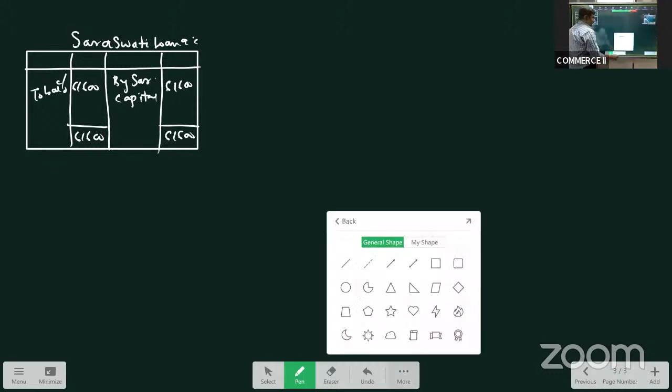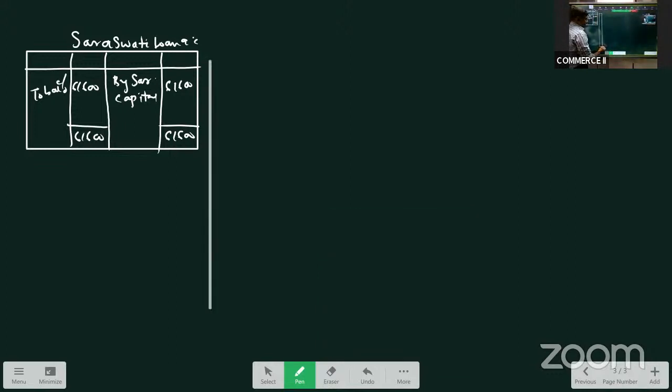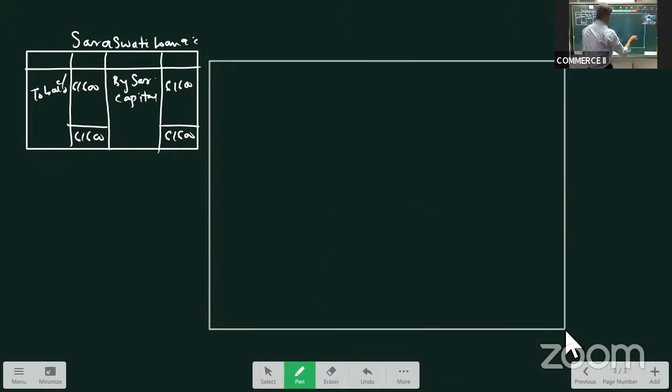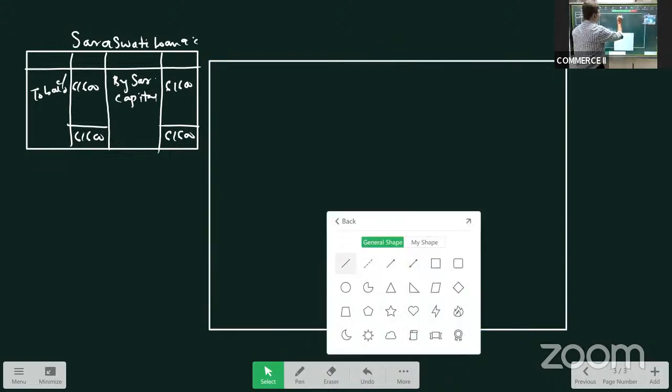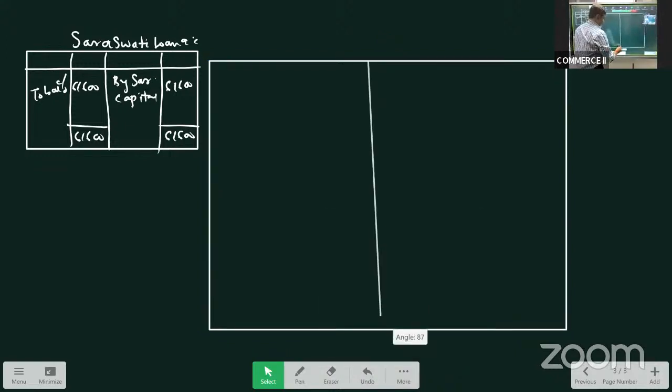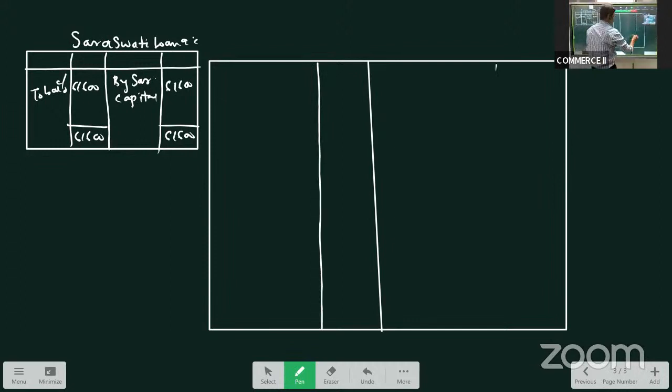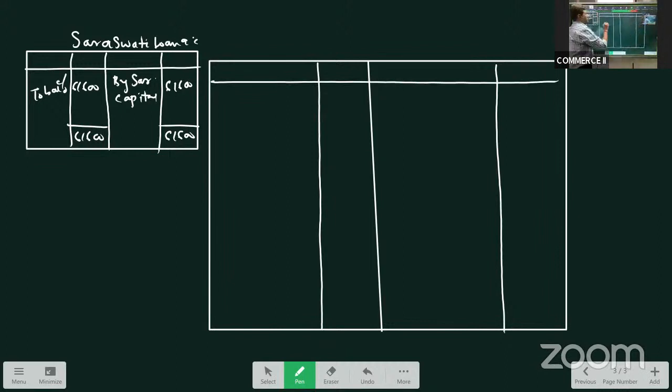Now let us take the last step. What is the last step? It is the balance sheet. Okay, so we are preparing the balance sheet of the new firm. What is the new firm? The new firm is minus Saraswati.